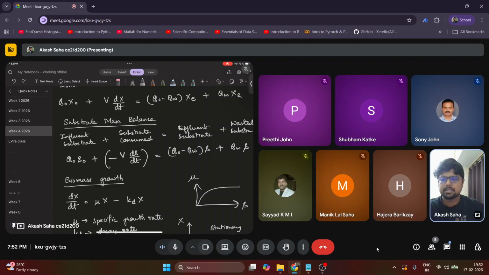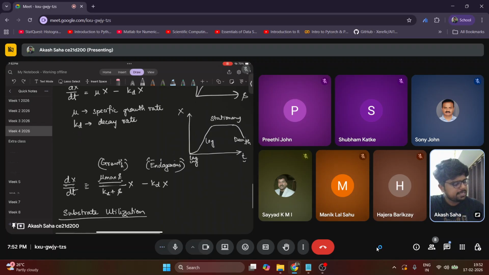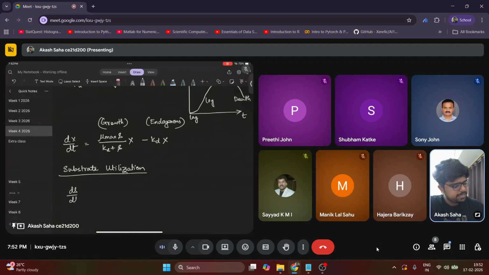So how do we get that, or ds by dt? We show ds by dt with a negative sign because it is getting consumed. This will be equal to 1 by y into dx by dt.